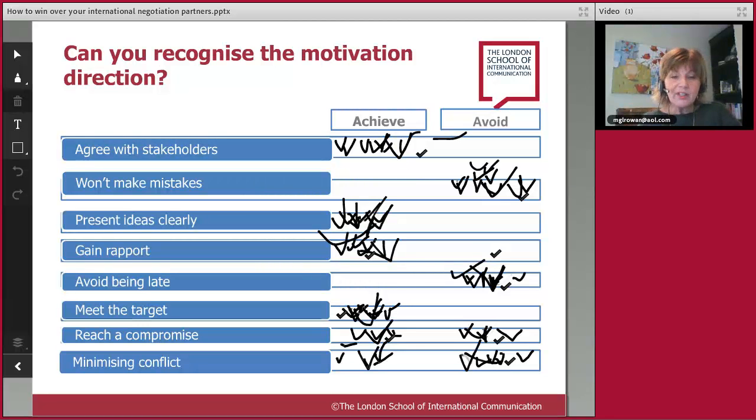So the situation here is quite simply that to make somebody recognize that you understand what they mean, you should not translate minimizing conflict into agree with stakeholders. So if somebody says to you, we need to minimize conflict, then you use the language of minimizing conflict. If somebody is talking about agreeing with stakeholders, you do that. But we're going to have a look at some more examples.